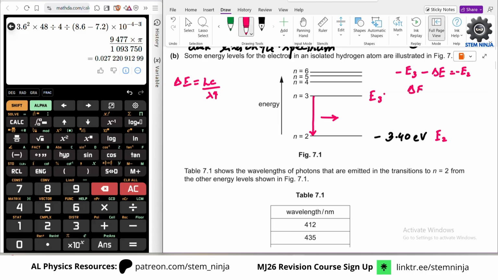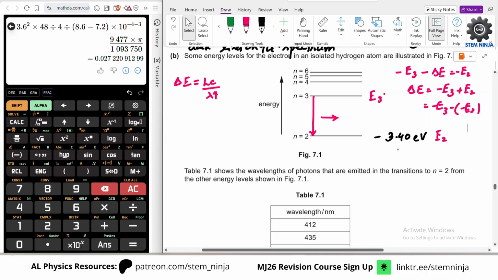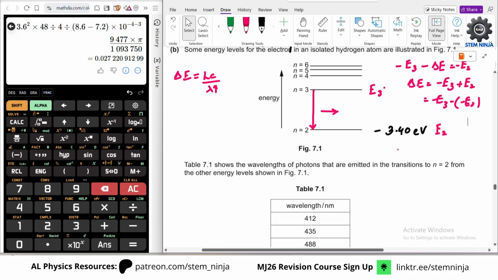So the difference in energy level would be minus E3 plus E2, or you can say minus E3 minus E2. Either way, that will get you the right answer. So that will be the difference in energy levels.